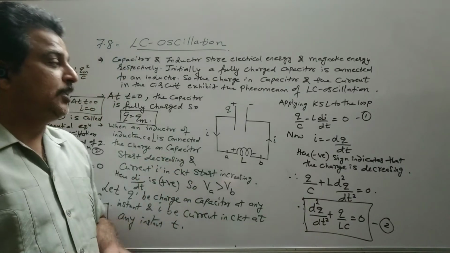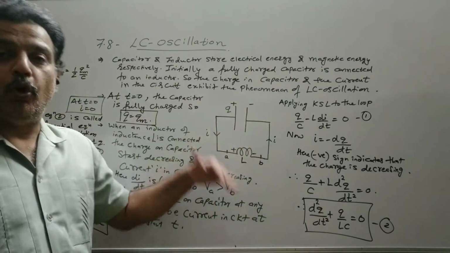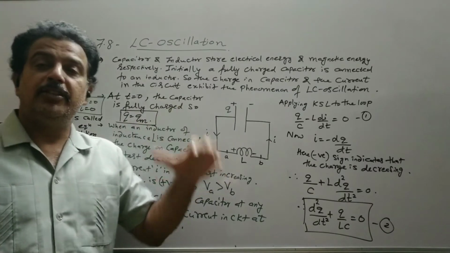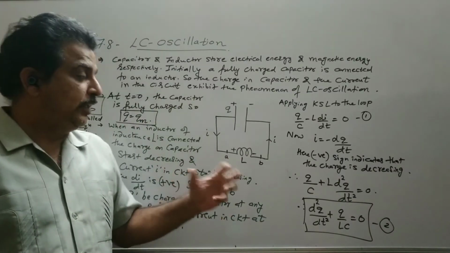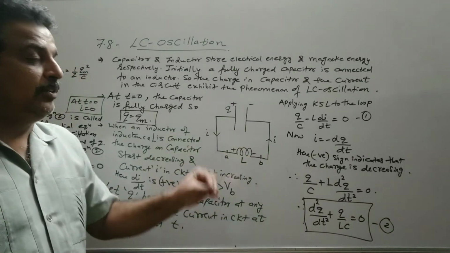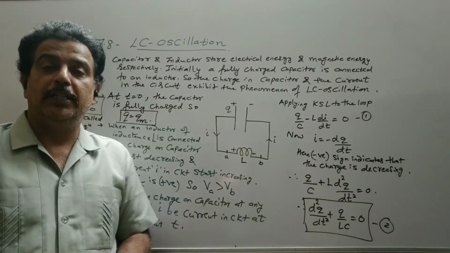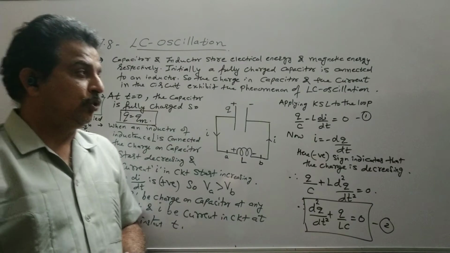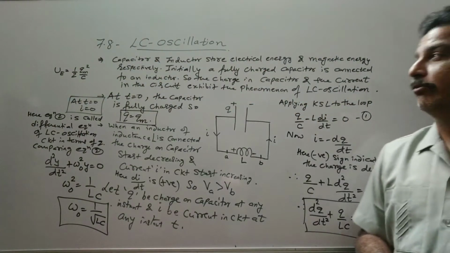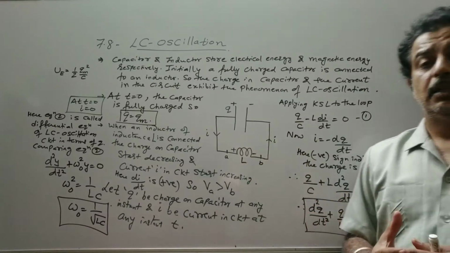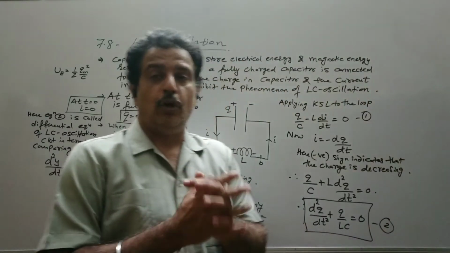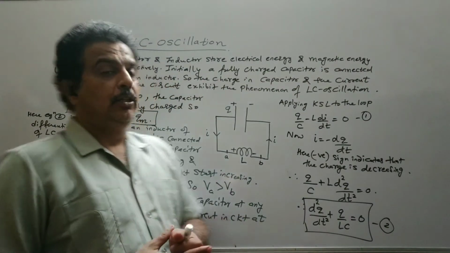So in an ideal situation, this circuit oscillates continuously, but the energy decreases, because you will see that radiation is emitted, or the energy is converted into EM radiation. That we will see in the coming chapter, that is electromagnetic waves. So this circuit is generally used in the transmitter of electromagnetic waves.